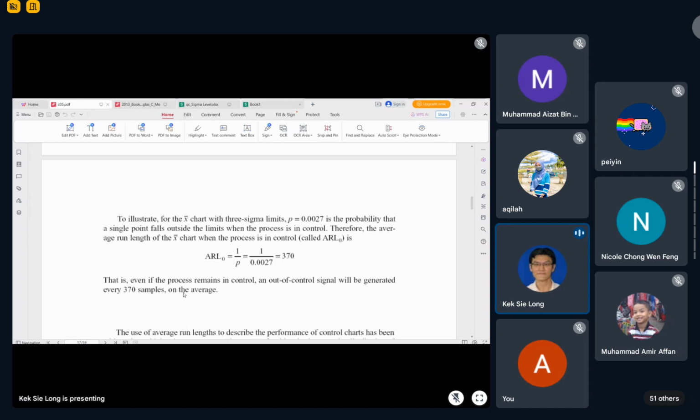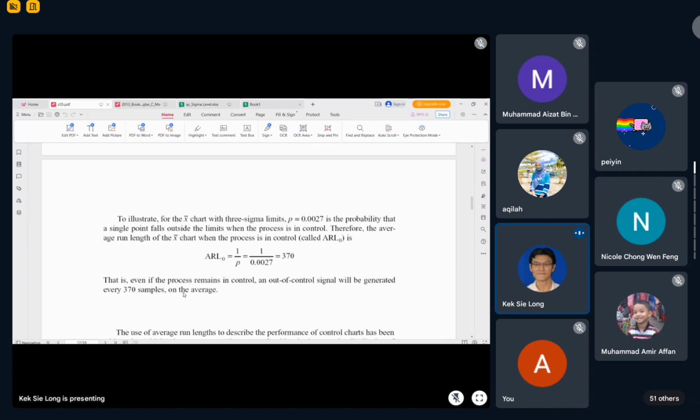Remember, the process is in control, but the probability of a point outside the control limit is 0.0027.